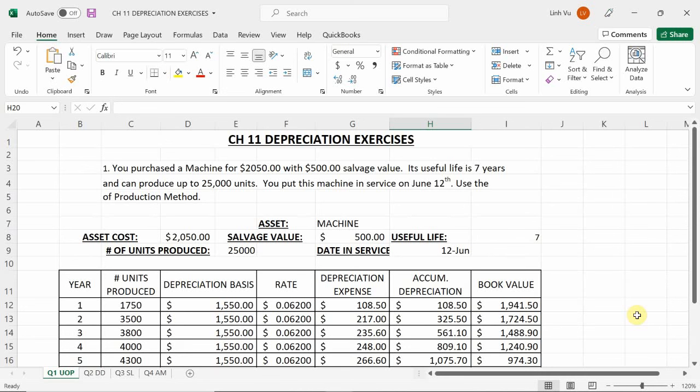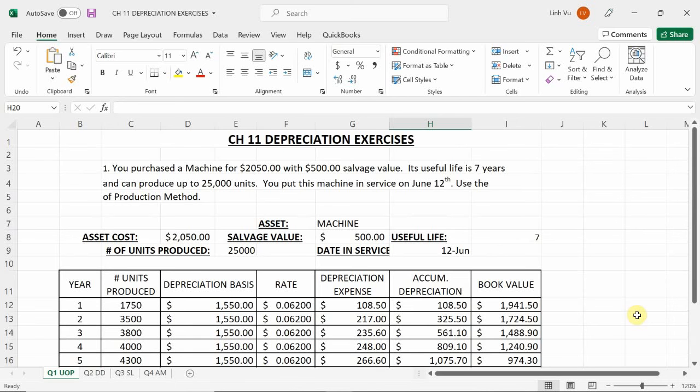My question is about what is this, the rate? What rate are you looking at there in the question? For its useful life is 7 years for the rate. This 0.062, the rate. Okay. The result of what?